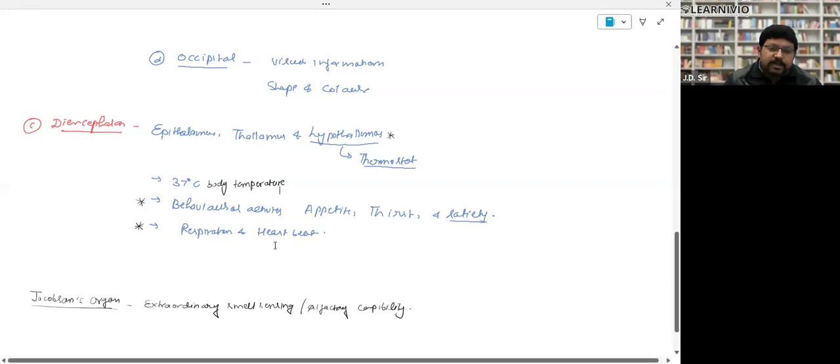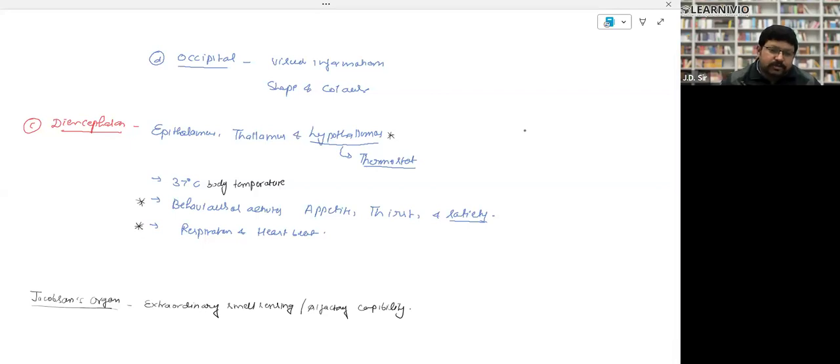And respiration and heartbeat are also controlled by the diencephalon. So please note down: diencephalon. It is a thermostat. It controls body temperature.